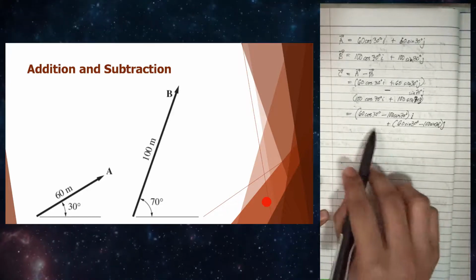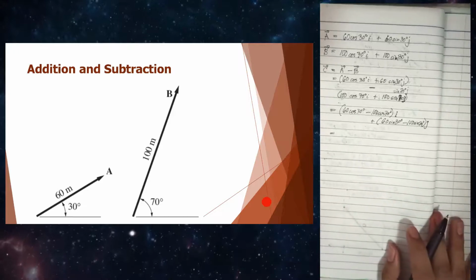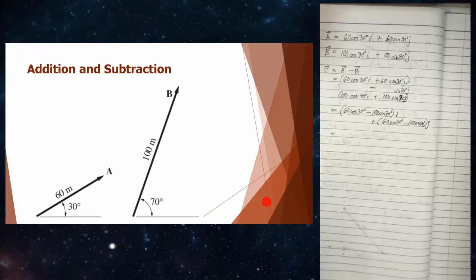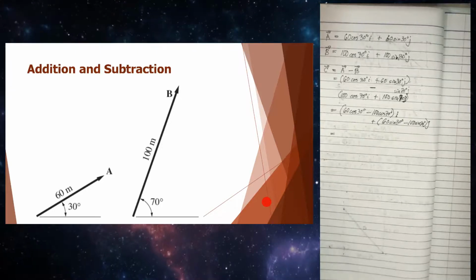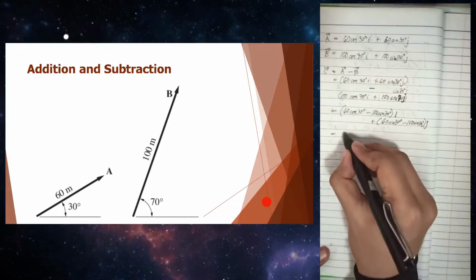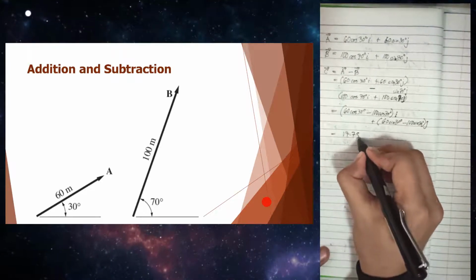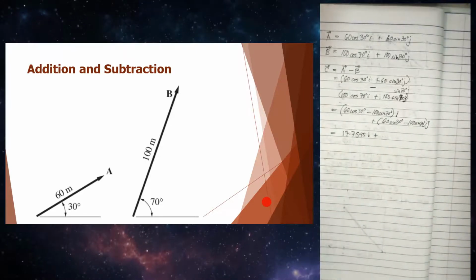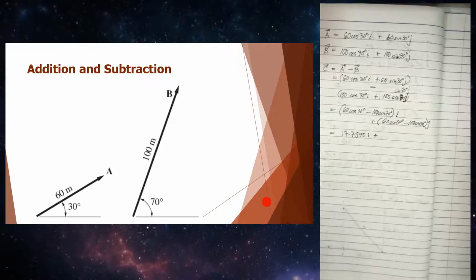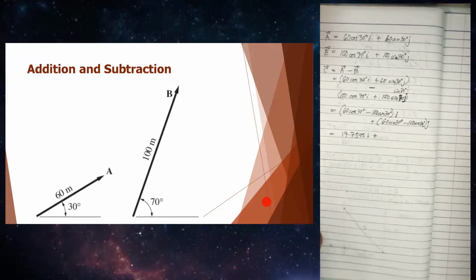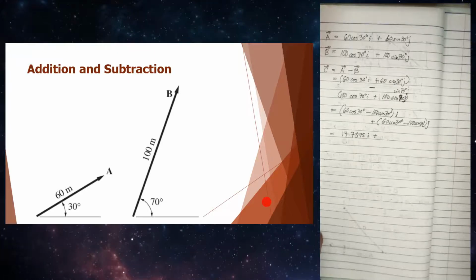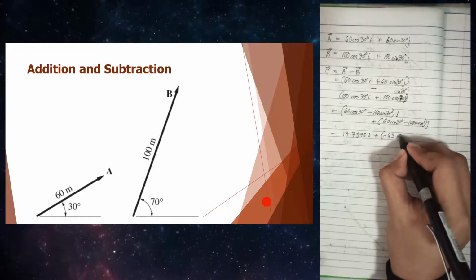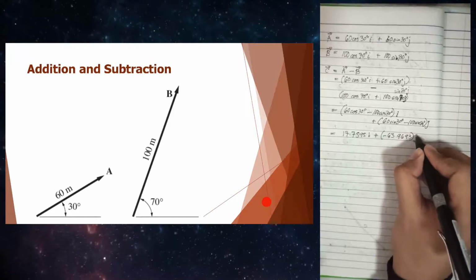Okay? So ito na siya. Para ma-solve natin yan, kunin ko yung calculator ko ulit. 60 cosine 30 minus 100 cosine 70 equals 17.7595 I, plus 60 sine 30 minus 100 sine 70. So, magiging negative 63.9693 J. Okay?